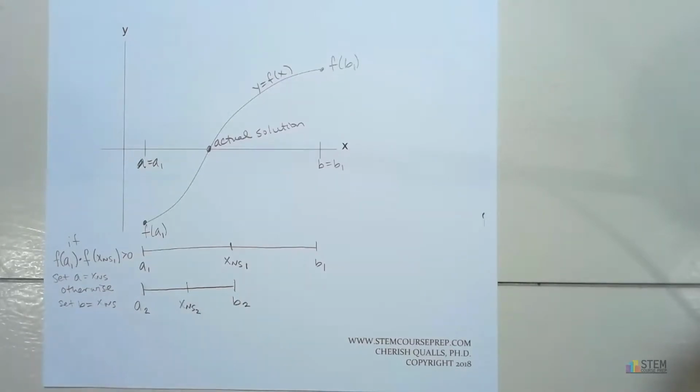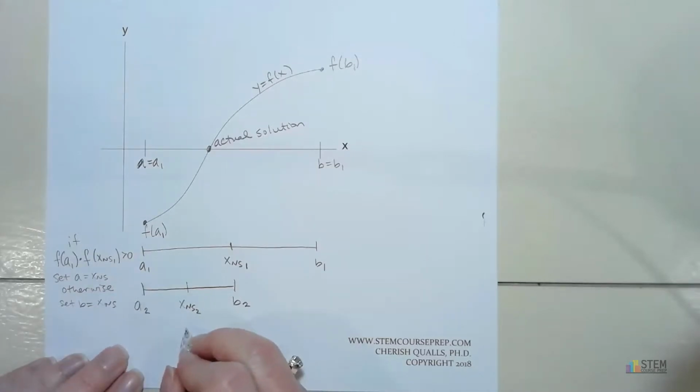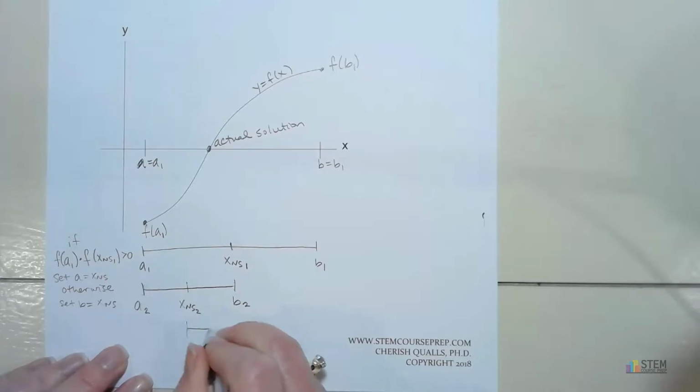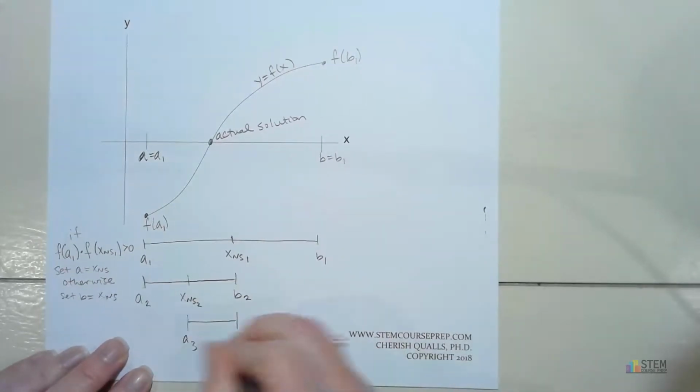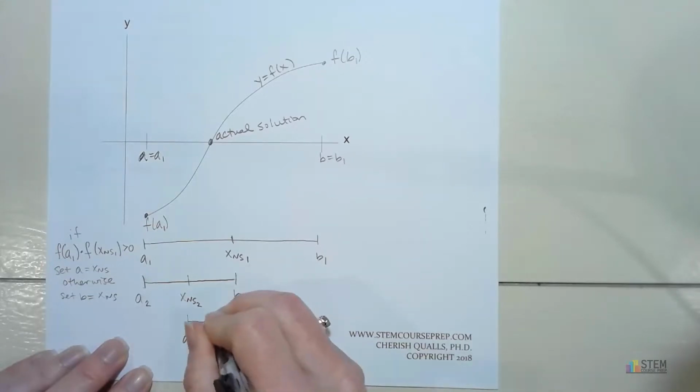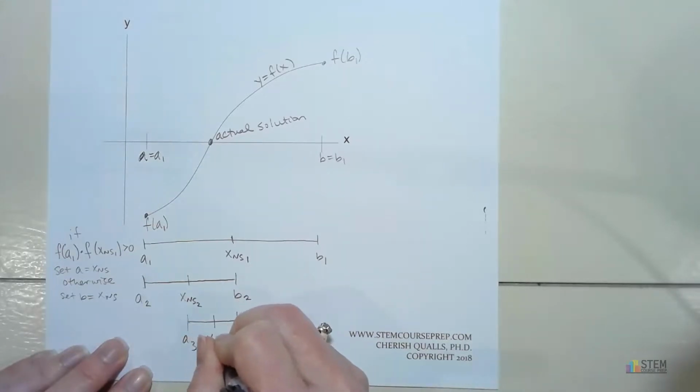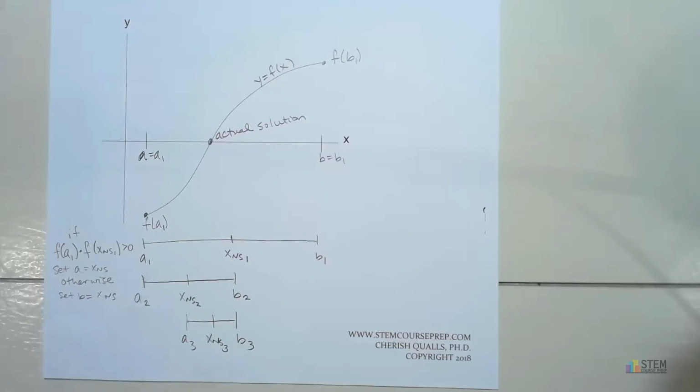So now what you would do next is the same process. We would look at this bracket, and now we would select a new bracket. So this time, let's just say it ends up over here. This would be A3, we've got B3, you find the midpoint, so it'll be X and S3.